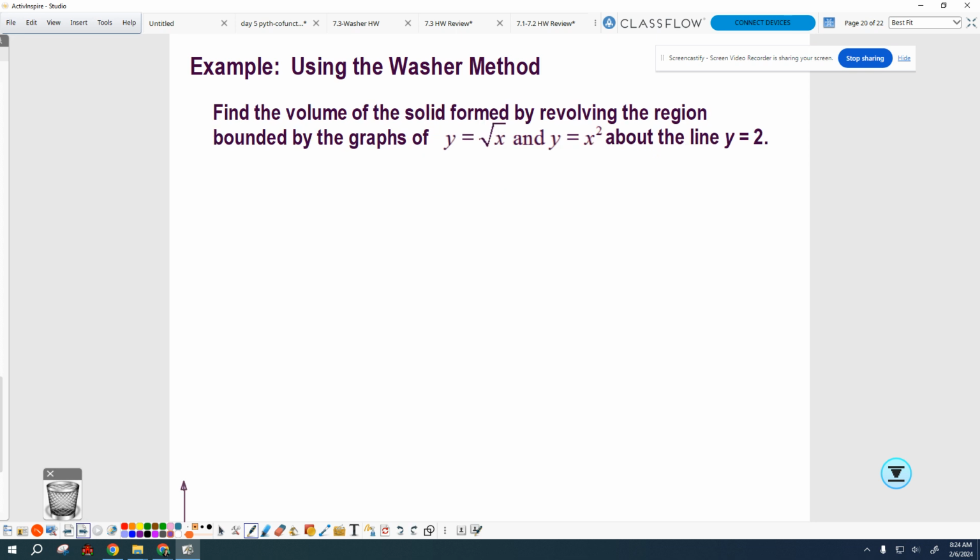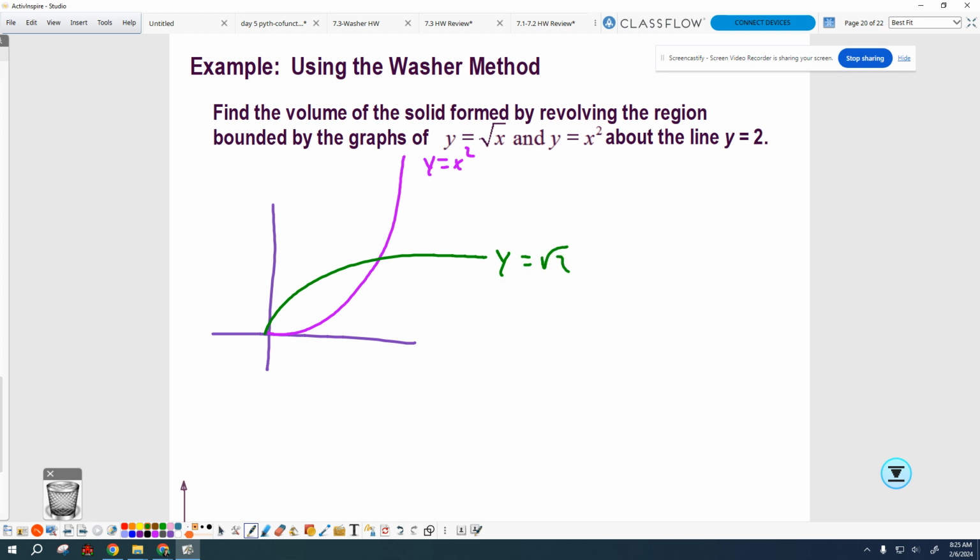The same shape spun around y equals 2. What does that shape even look like?